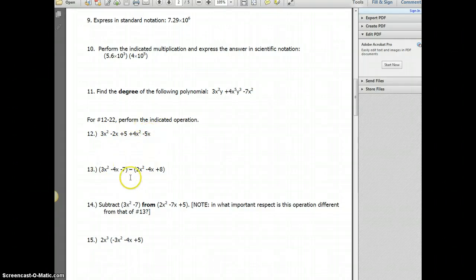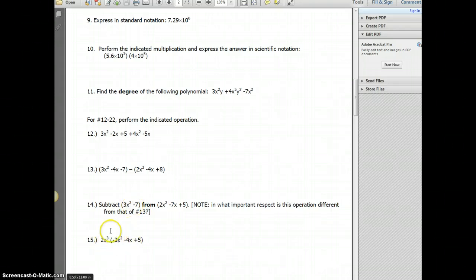When we are dealing with subtracting polynomials, remember that we have to distribute that subtraction sign to each term in the polynomial. The word from means I'm not taking this and subtracting this. I'm subtracting this from the second polynomial. So we start with this and then we subtract this term, lining up the like terms.